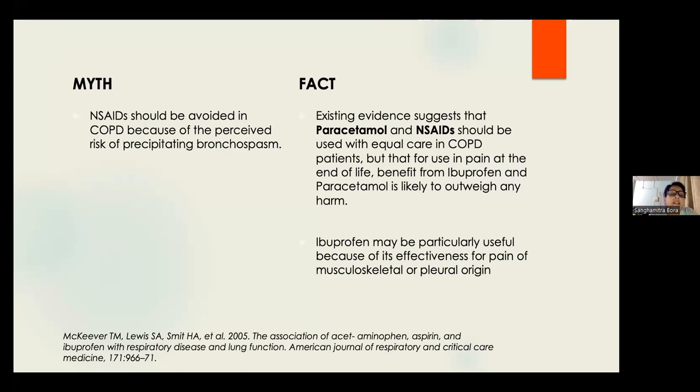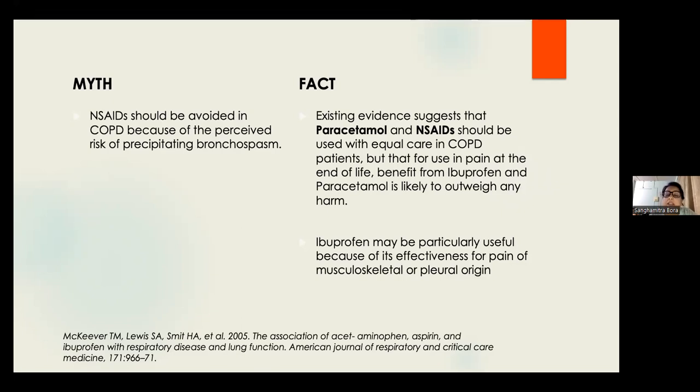Another myth is that NSAIDs should be avoided in COPD because of the perceived risk of precipitating bronchospasm. That is absolutely a myth, because the existing evidence suggests that paracetamol and NSAIDs should be used with equal care in COPD patients, but that is for use in pain at the end of life.